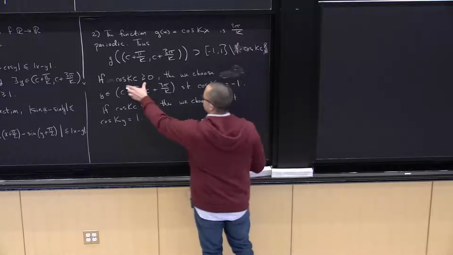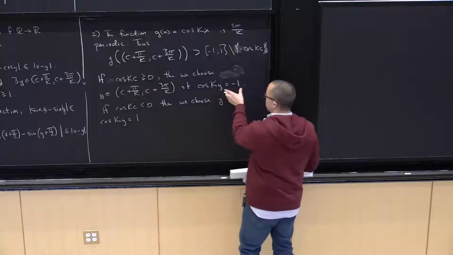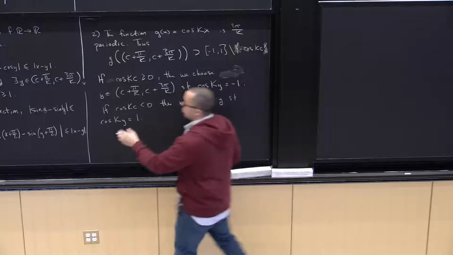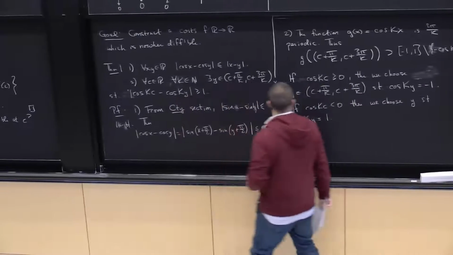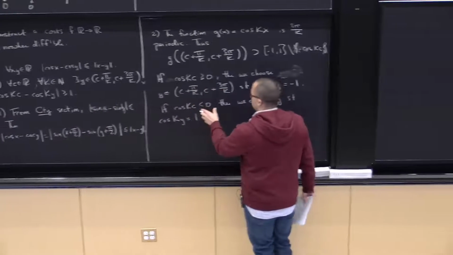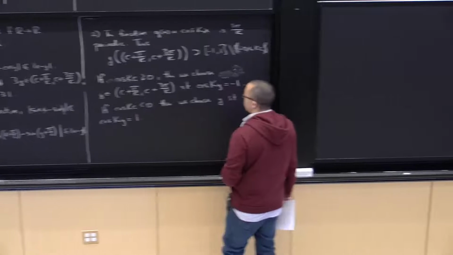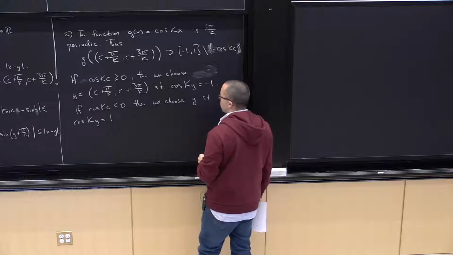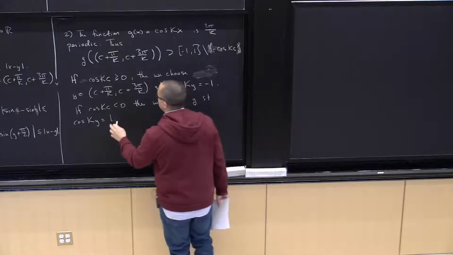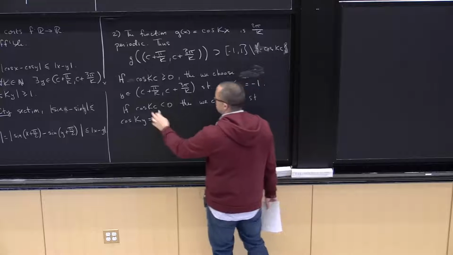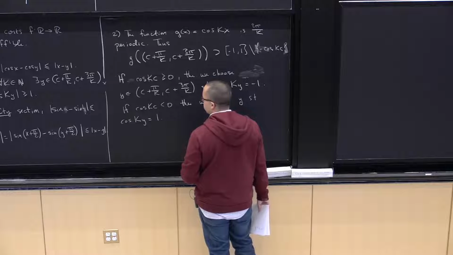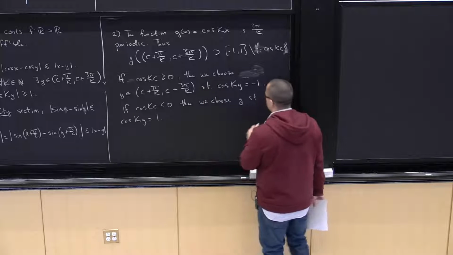Since this is non-negative and this is equal to minus 1, the difference between these two in absolute value will be greater than or equal to 1. Now, if cosine of kc is less than 0, then again, since this interval contains minus 1 to 1, we choose a y so that cosine of ky equals 1. Then this is negative, this is 1, so the difference between something negative and 1 is greater than or equal to 1. And that's the proof.